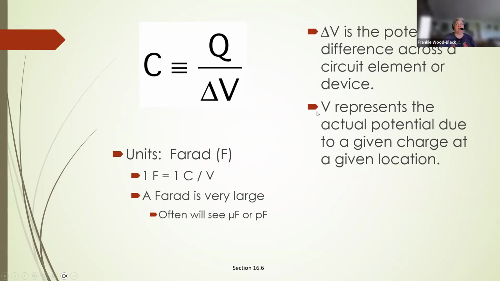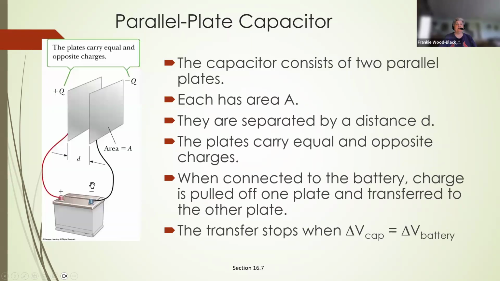So the voltage actually represents the actual potential due to the charge, and we have that defined as a capacitance. So how do you build a capacitor? Pretty simple. You can take a plate, which can be a piece of aluminum foil. It's got to be a conducting material.